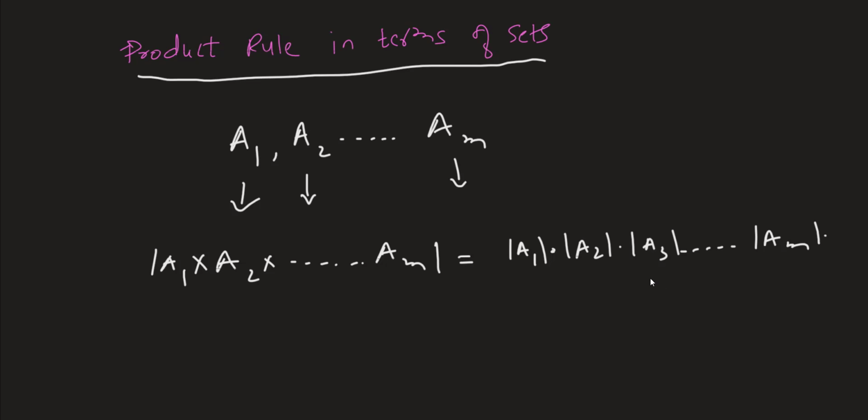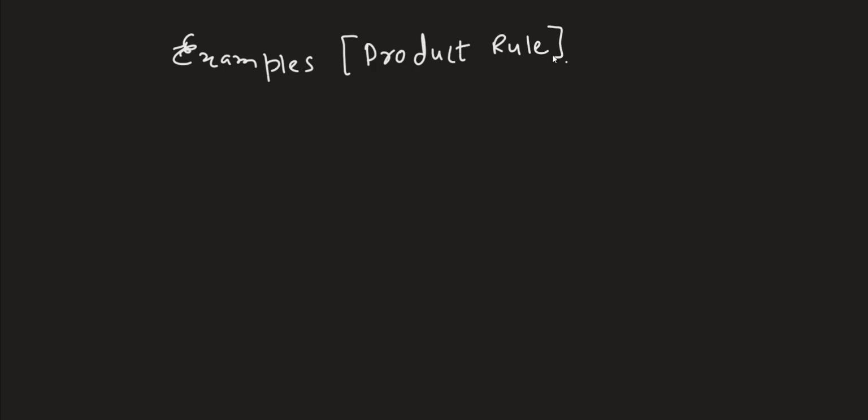Now let's discuss a few more examples related to the product rule. Let's say we have to generate a password of length 6.